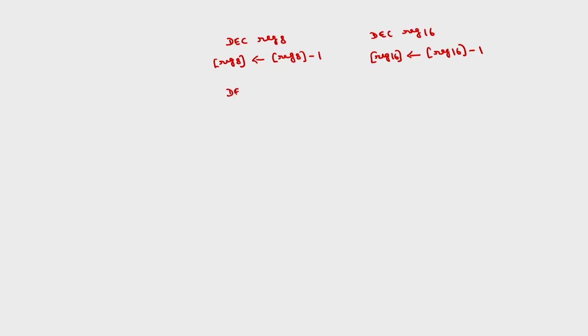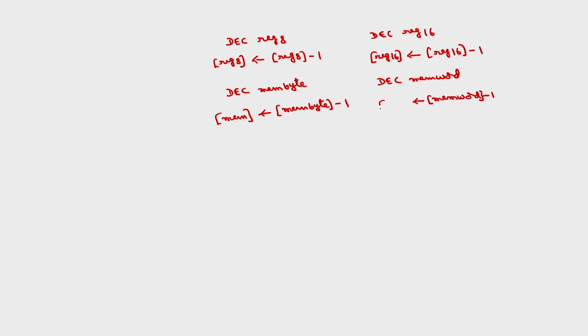We can have DEC memory byte, so the contents of the memory byte will be decremented by 1 and stored back to the same memory location. And you can have decrement memory word. As I have told, a word is 2 bytes. So the contents of the memory word will be decremented by 1 and the result is stored back to the memory. So, these are the 4 increment and decrement operations.